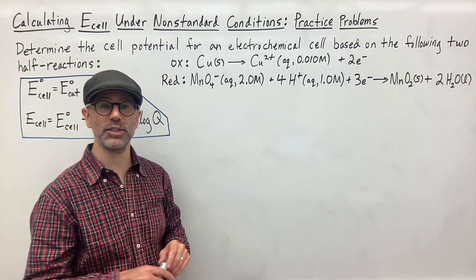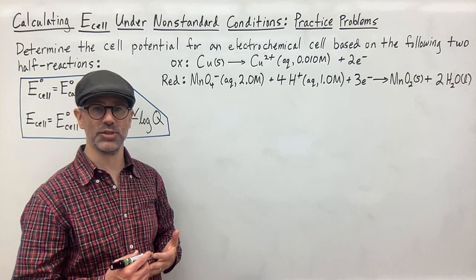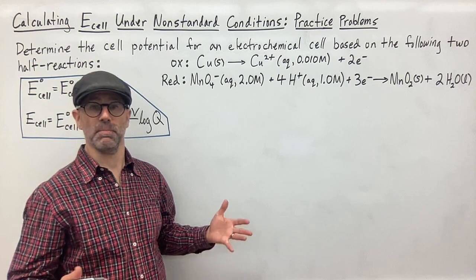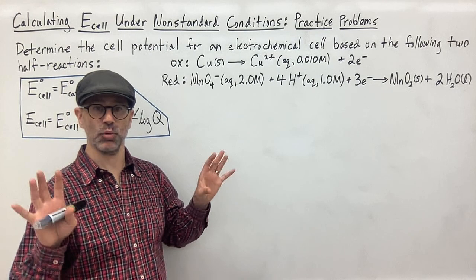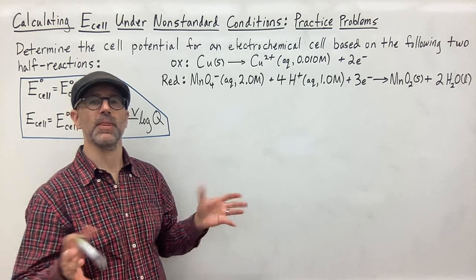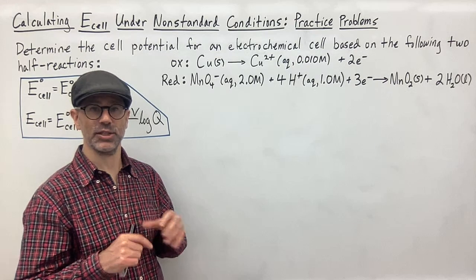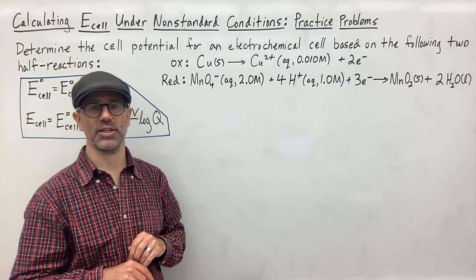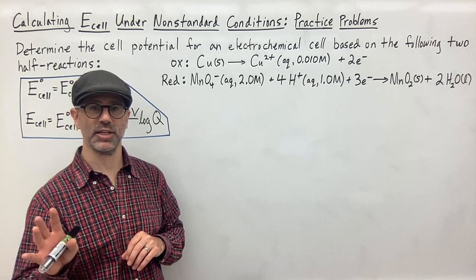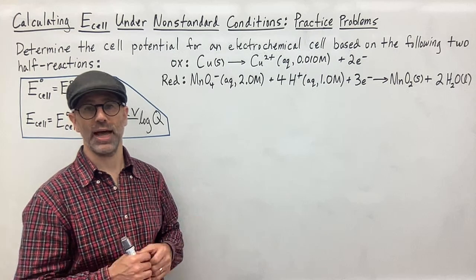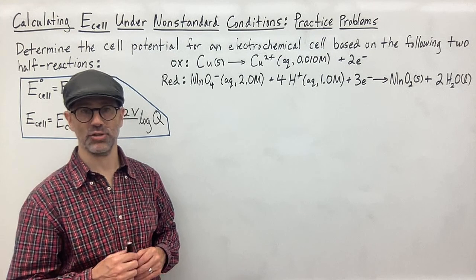If we go back to when we were balancing redox reactions, one of the steps we had to do to ensure the half reaction method would work is that before we put the half reactions back together, we would make sure that the electrons are equal for both the oxidation half reaction and the reduction half reaction. That way, when we added those two reactions together, we would cancel out the electrons.